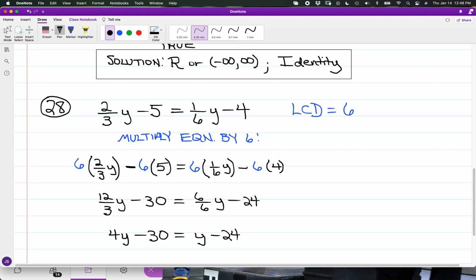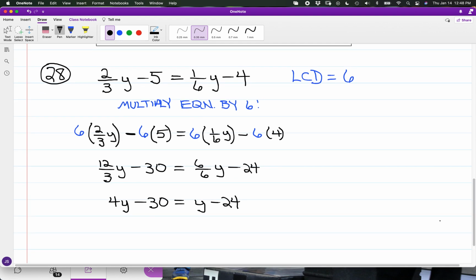Now I just did an incremental breakdown, but if you went from here and just multiplied by 6, and you can see the result mentally, that's fine. So you have 4y minus 30 equals y minus 24.